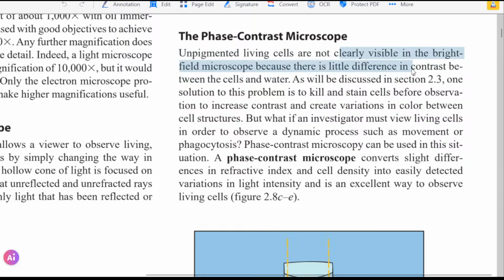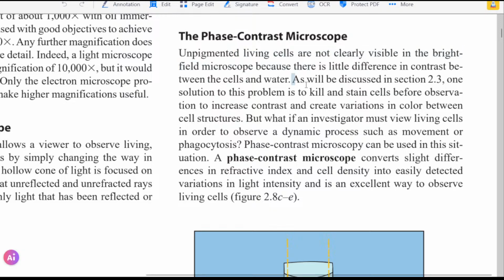Like in cyanobacteria, for example, there is chloroplast pigmented green, so they will look a little more visible under the bright field microscope, but it is not the case for all living cells.